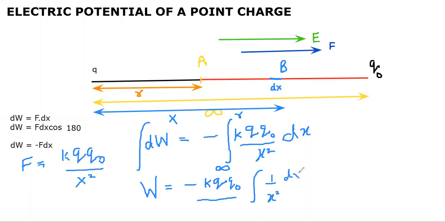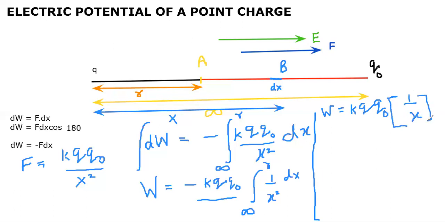Right, now integration of 1 by x square, you just have to apply the formula. The integral of 1 by x square is minus 1 by x. So that minus and the minus outside cancel each other and become positive. So the work done is equal to positive K Q Q naught times 1 by x, within the limits.